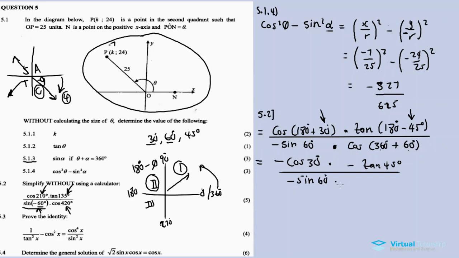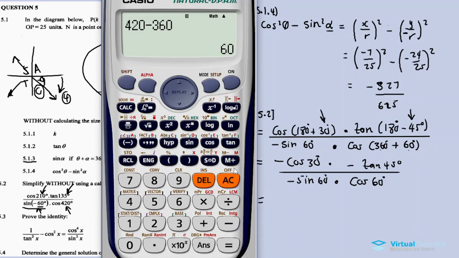In the first quadrant, and in the first quadrant all are positive, so it's positive cos 60 degrees equal to, then when we get here, you can either use your calculator, or if you have forgotten, use your triangles for the special angles, which is something I'm going to do here.